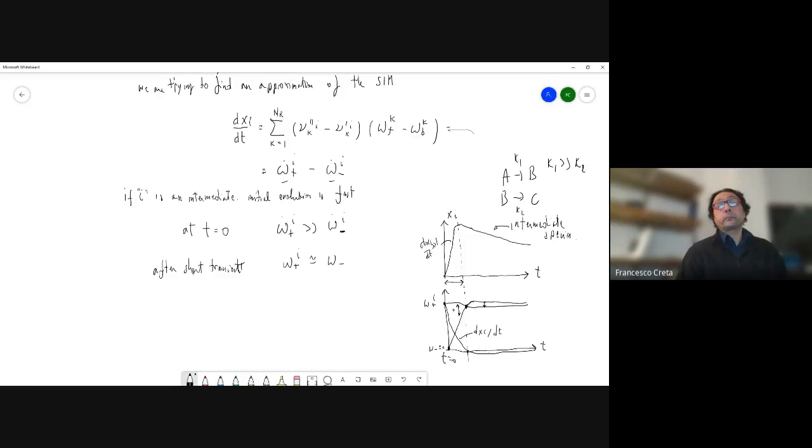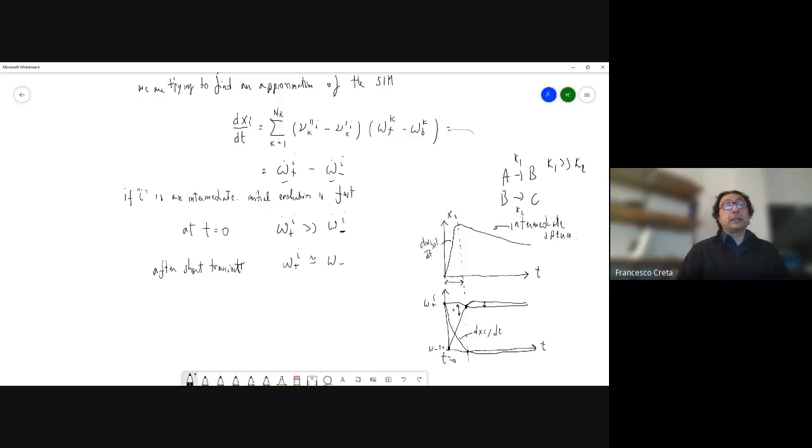I hope this is clear. So what I'm trying to do here is generalize the behavior of intermediate species. And I'm trying to do this by looking at the ordinary differential equation that sets their evolution, with two terms that, generally speaking, after a very short transient, will balance themselves out.